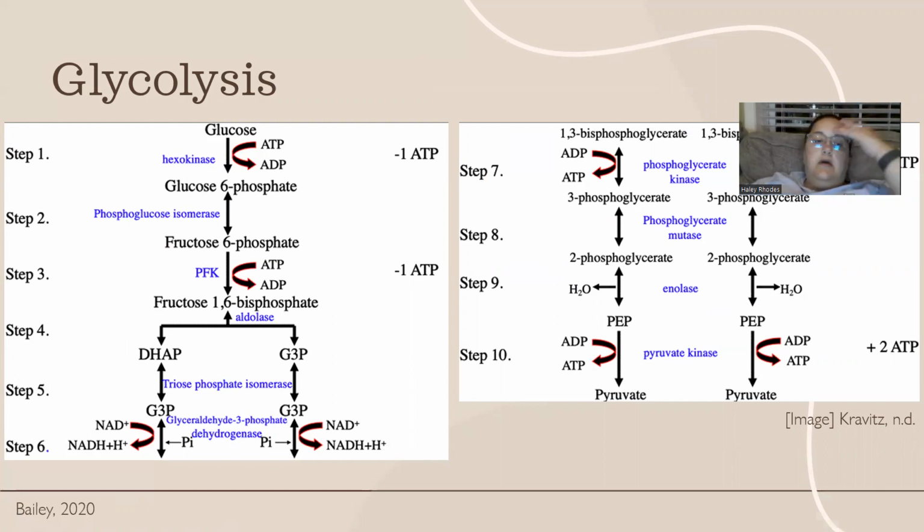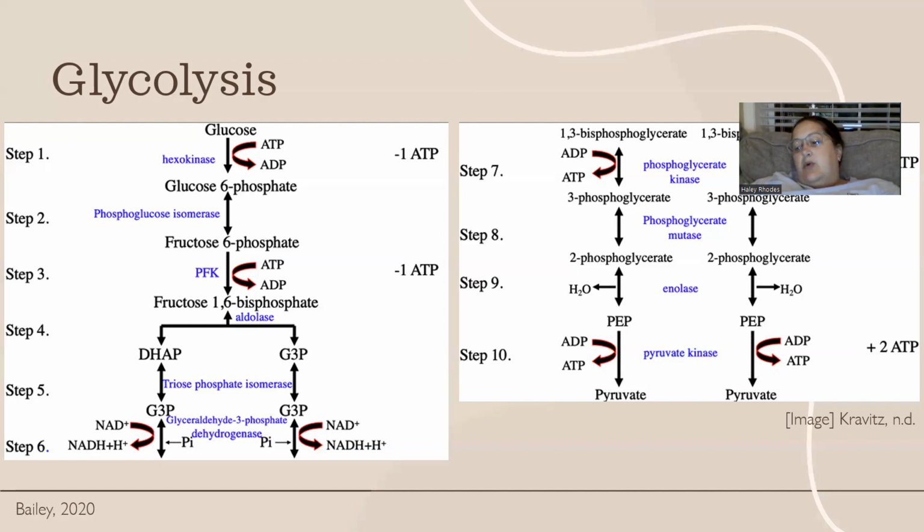All of the enzymes used through glycolysis are listed here in blue, and then the substrates are going to be listed above and below each enzyme. So in step 1, hexokinase will phosphorylate glucose by taking a phosphate group from an ATP molecule and binding it to glucose, making a molecule known as glucose 6-phosphate.